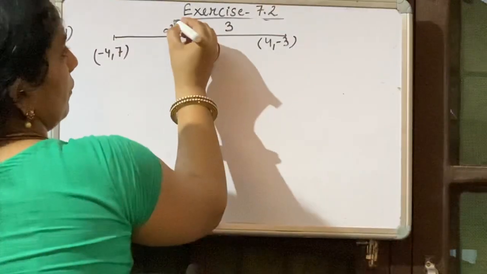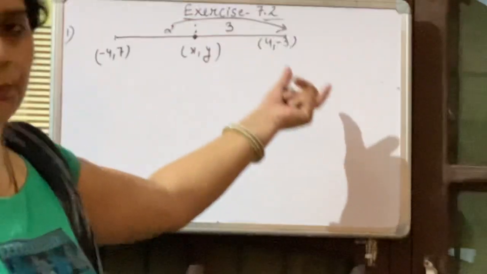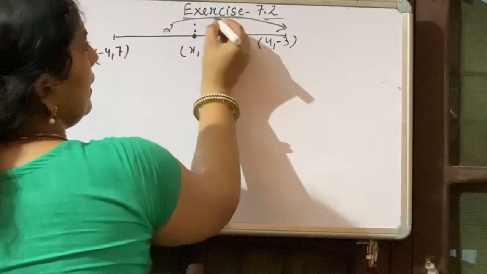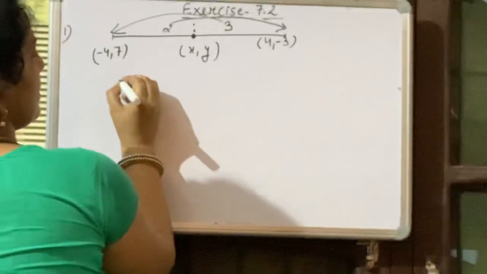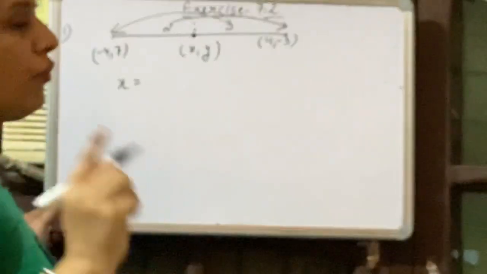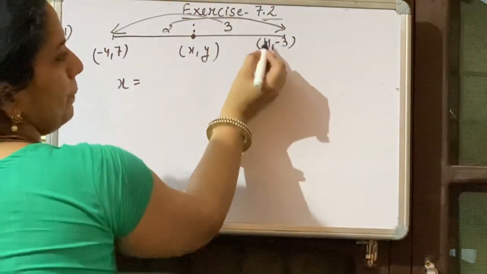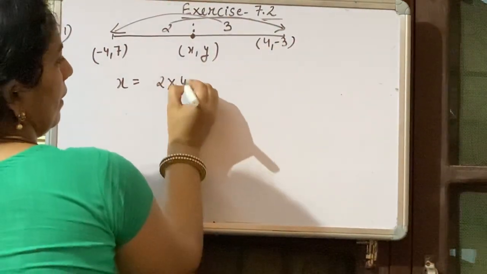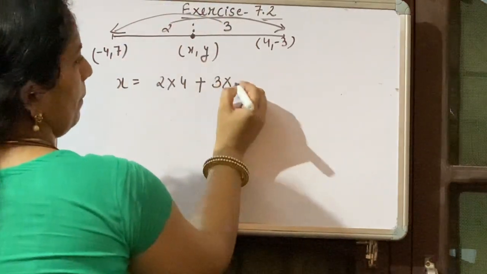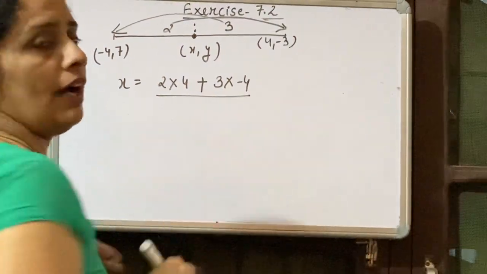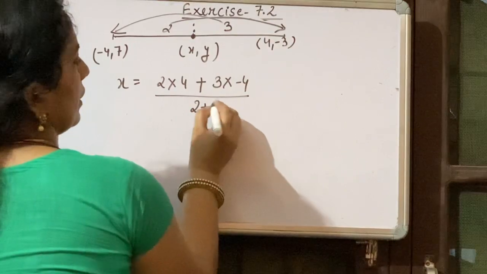Now we will find out the position of this point by using the section formula. So multiply the first ratio with the second point and the second ratio with the first point. How can we write this? Value of x by using the section formula: 2 multiply by 4 plus 3 multiply by minus 4 and divide by the sum of the ratio, that is 2 plus 3.